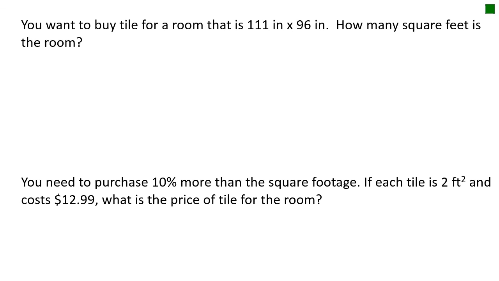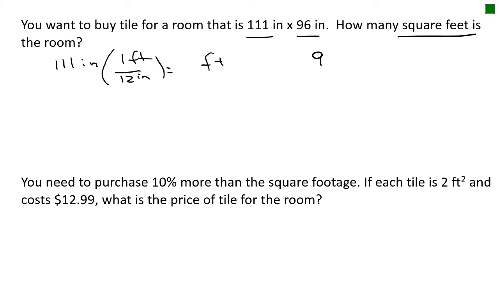All right, so I have a room that's 111 by 96 inches. I want to know how many square feet that is. There's a couple of ways to do this. I can either take 111 inches and realize there's 1 foot for every 12 inches and get feet.